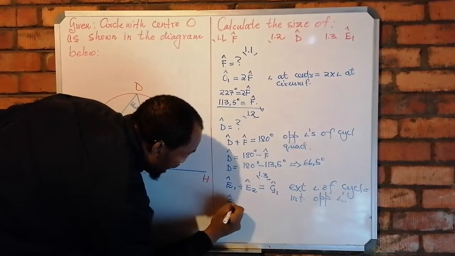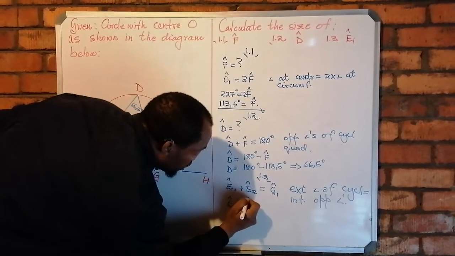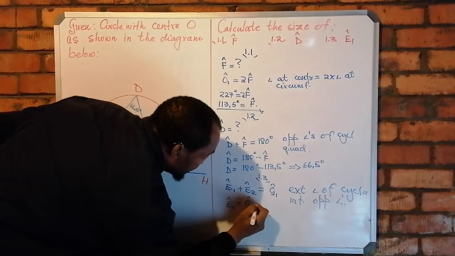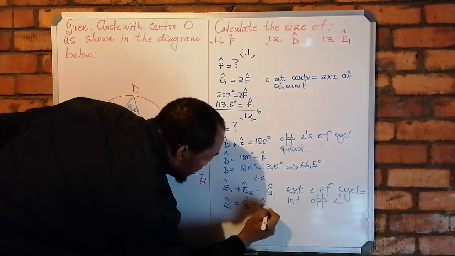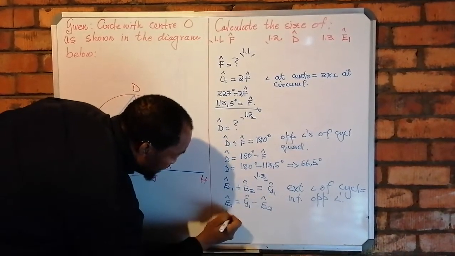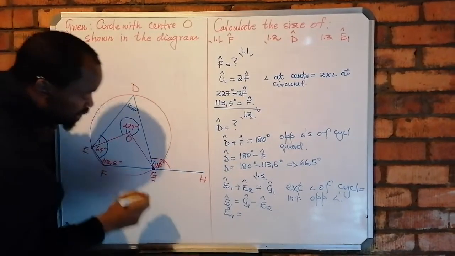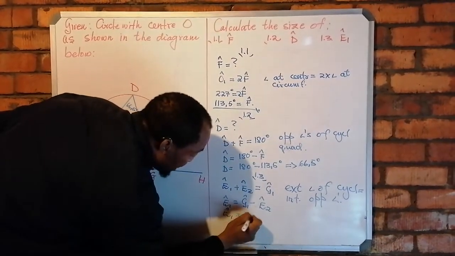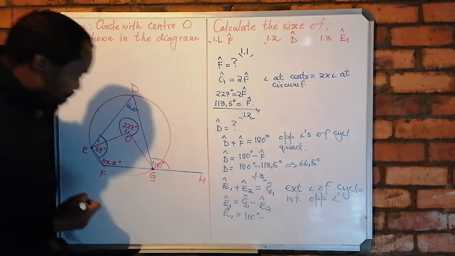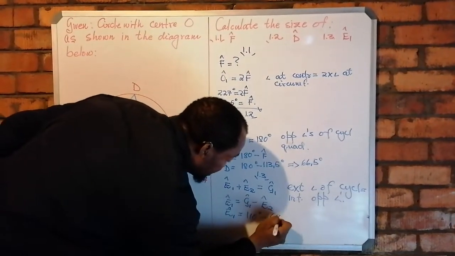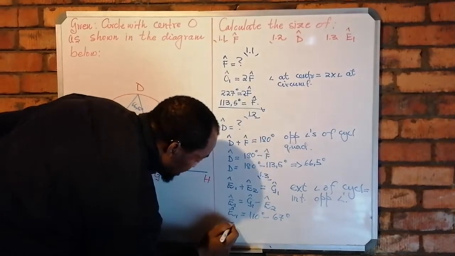That's beautiful. Now I want angle E1. Angle E1 would be equal to angle G1 minus angle E2. And the values are angle G1 is 110 degrees minus angle E2, which is 67 degrees.